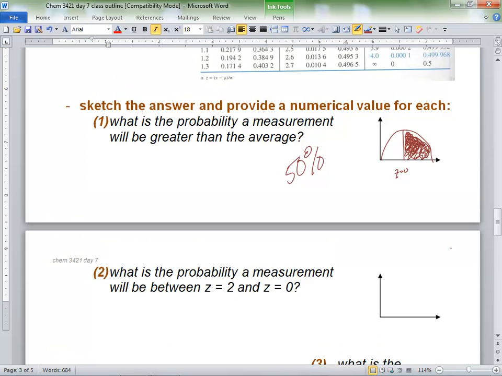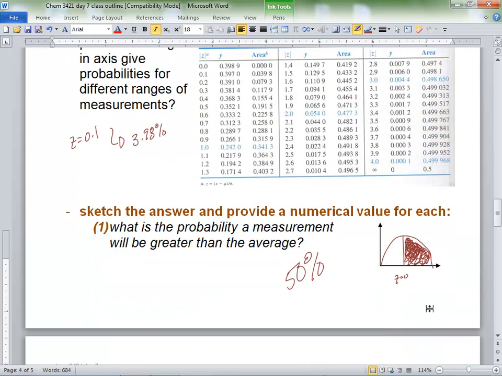What is the probability a measurement will be between z equals 2 and z equals 0? So on your graph, you find z equals 0, and you find z equals 2. All right. Shade it in. The answer would be what?